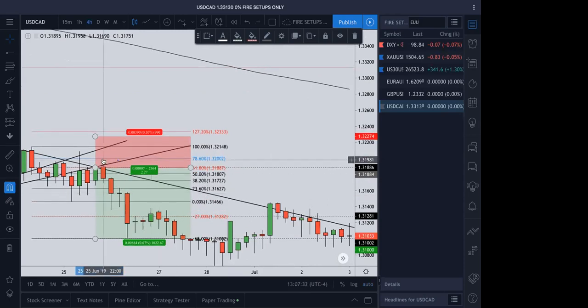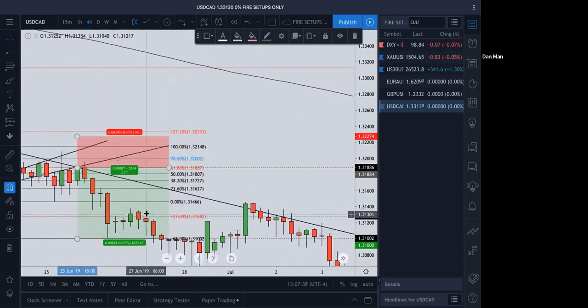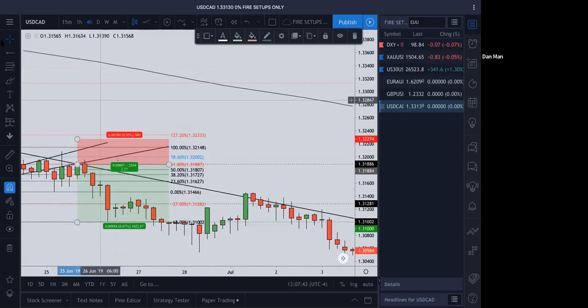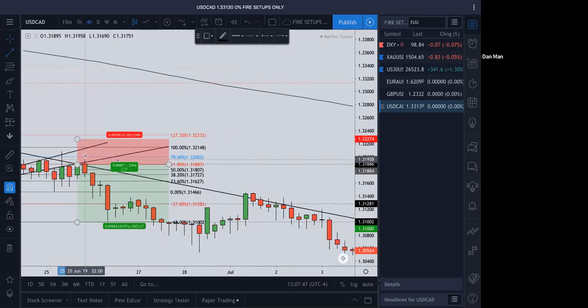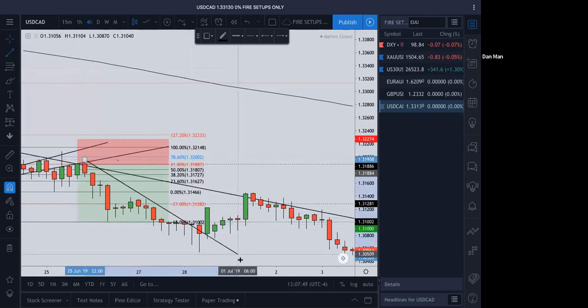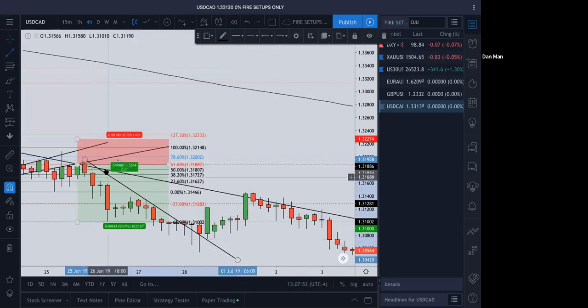So I have a trend line. Let's say I have a trend line right here, and it hit my second take profit, correct? So as I'm letting it ride and it breaks the trend line, as it's going down, it hits my take profit 2, it breaks the trend line.